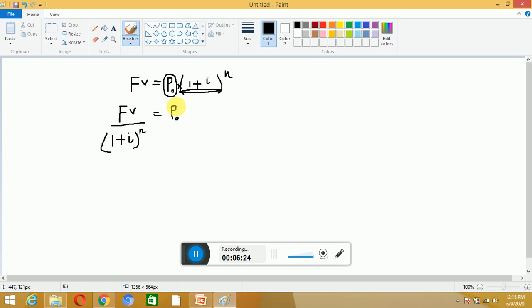So this is the formula for calculating the present value: P naught is equal to future value divided by (1 plus I) raised to the power n.